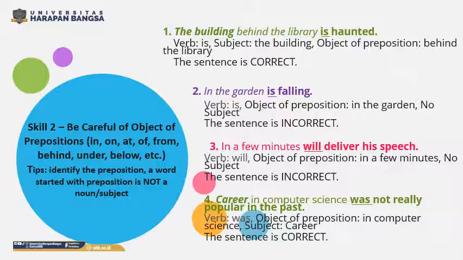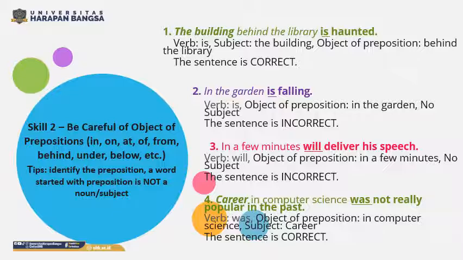A word started with preposition is not a noun or a subject. For example, the building behind the library is haunted. Again, find the verb. Yes, it is be, is. What comes before the verb is the subject. The building behind the library is the subject.